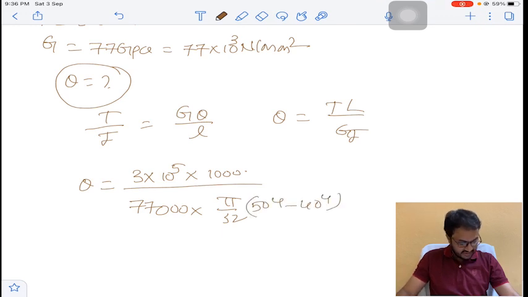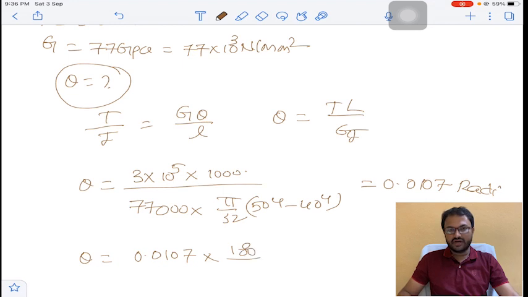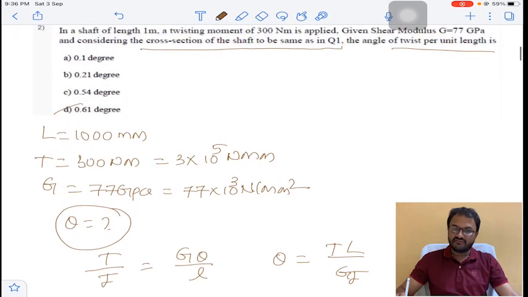So you will get 0.0107 radian. Now this radian I need to convert into degrees. So theta is equal to 0.0107 into, when you are going to convert radians into degrees you need to multiply by 180 by pi. So I will get 0.613 degree. Clear? Answer D for question number 2.